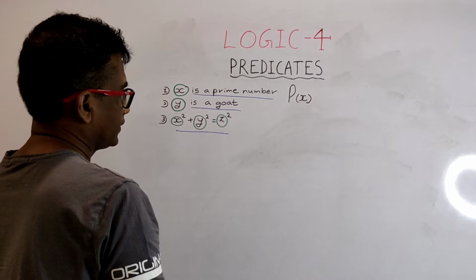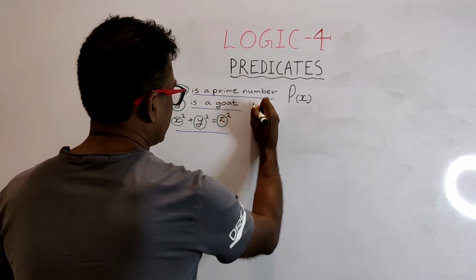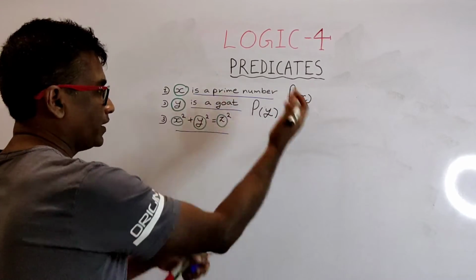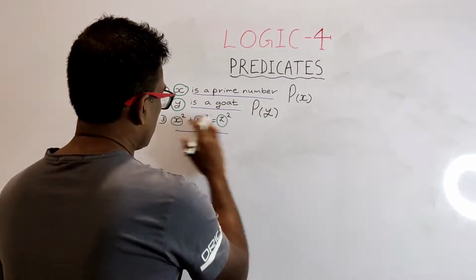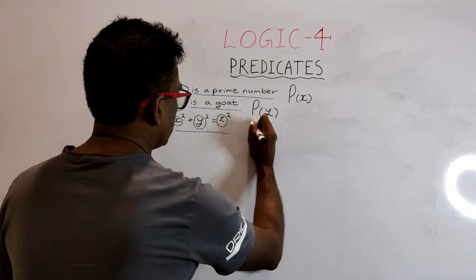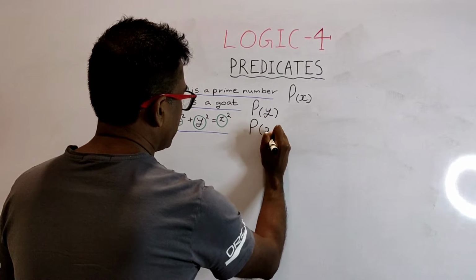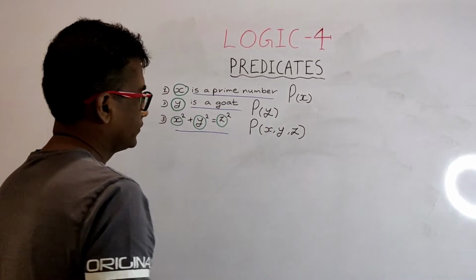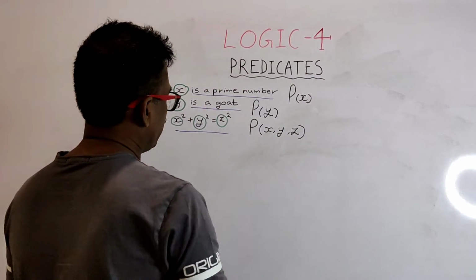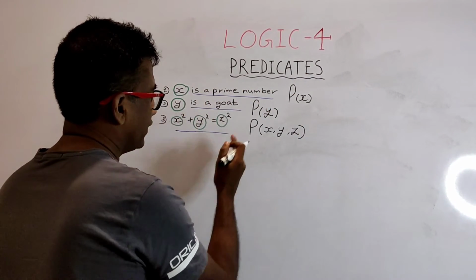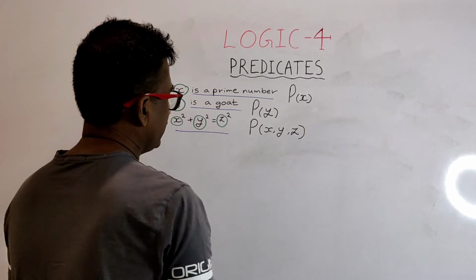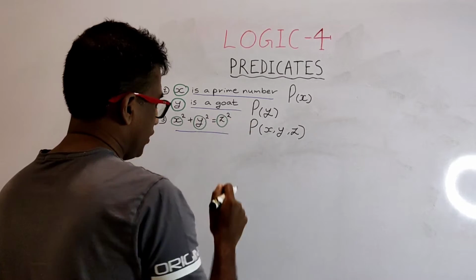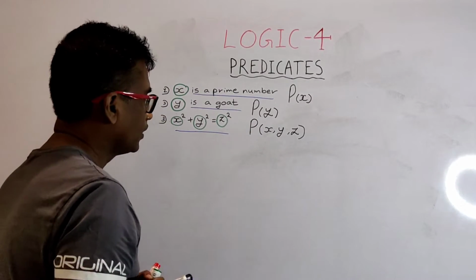The second one as P of y. P of y means the property of y. The first one as P of x, the second one as P of y, the third one as P of x, y and z. Instead of P you can use Q or R, it doesn't matter.